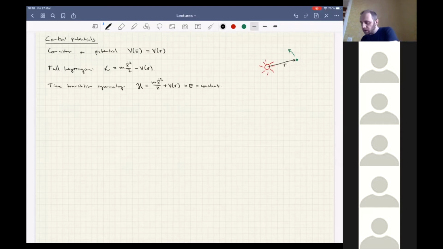All right. But this potential, since it's only a function of r, has some additional symmetry, and that symmetry is rotational symmetry. So we can rotate this potential around this center, and we regain the same system.